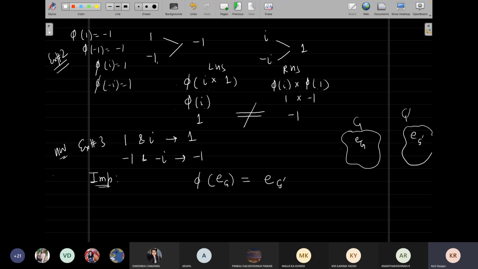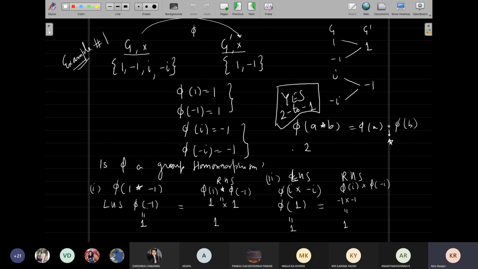It is mandatory. So if you look into the mapping which I am constructing, if 1 of this group is not mapped onto 1 of that group, then I am not creating the right mapping for a group homomorphism anyway. You can take this as the first exercise and say, since 1 is not mapped onto 1, which is the identity element on both sides, this cannot be a group homomorphism.